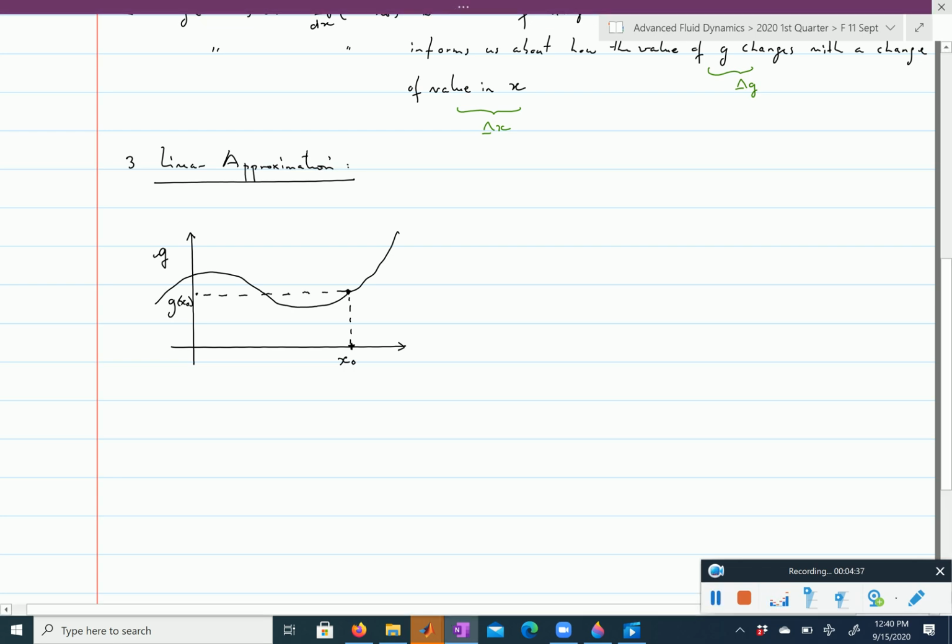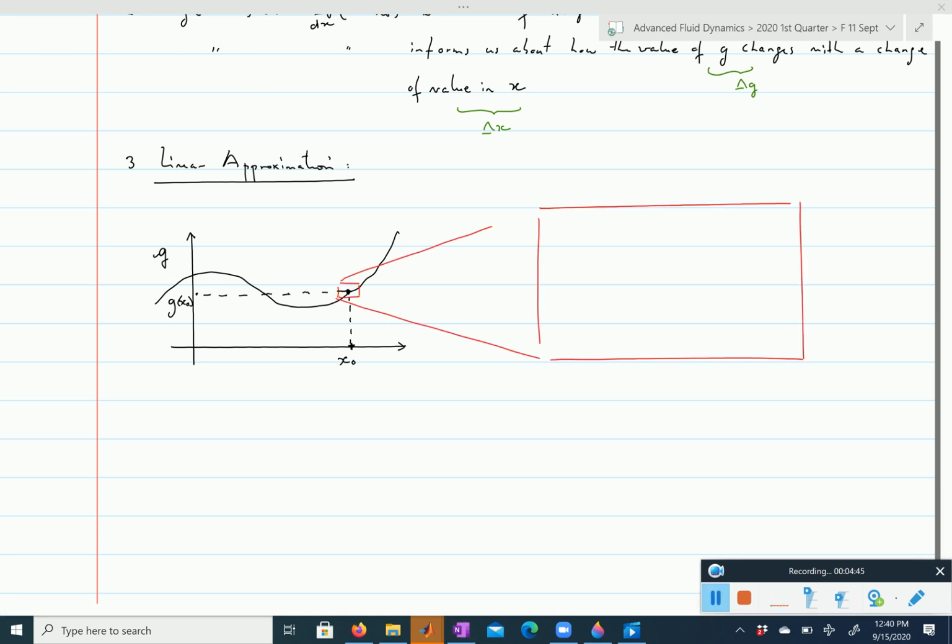But at the same time, you see that if you were really to zoom in very closely to x0, so if I was to zoom in close to here, that would be my point x0, g of x0, and the value of my function, the function g, would look like this. So when you zoom in, this wouldn't be exactly a straight line. There is a little curvature here, but if you're zooming really closely, it looks very much like a straight line, and that is the linear approximation.